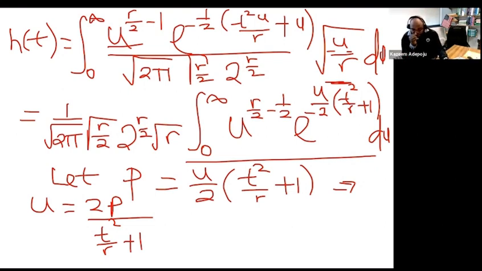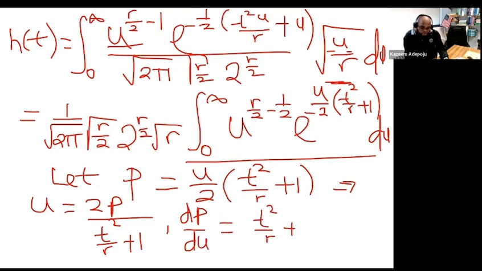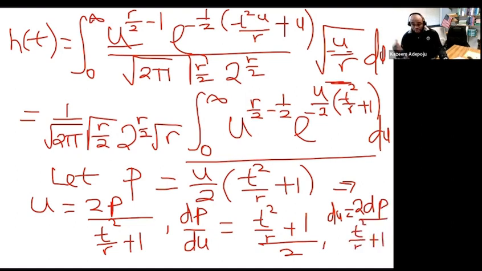I also need the dp. The dp is just t squared over r plus 1 divided by 2, times du. Because I want to substitute for the u, since I can't use u anymore, u is basically going to be 2p divided by t squared over r plus 1, and du is 2 dp divided by t squared over r plus 1.